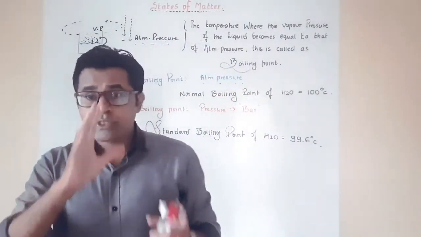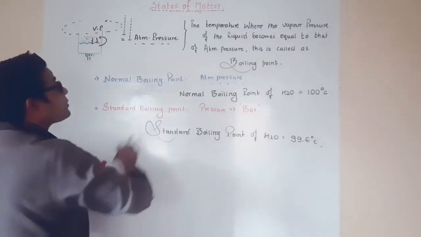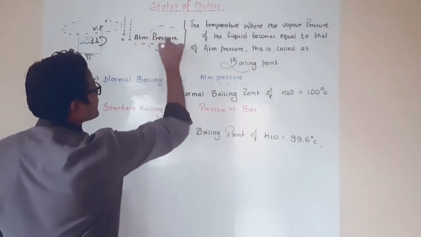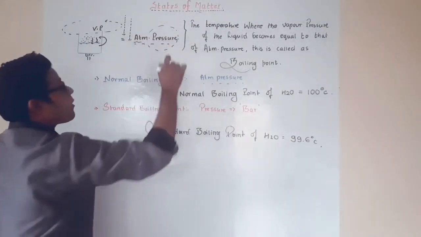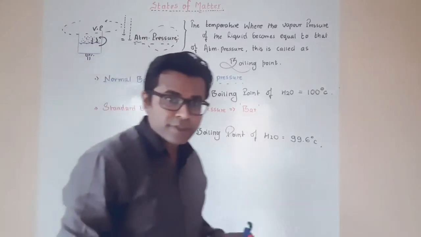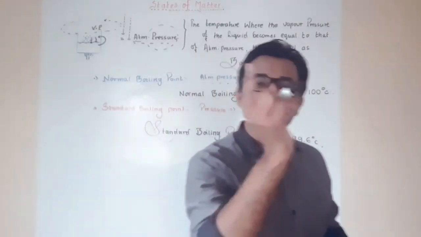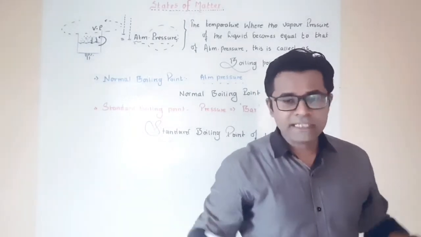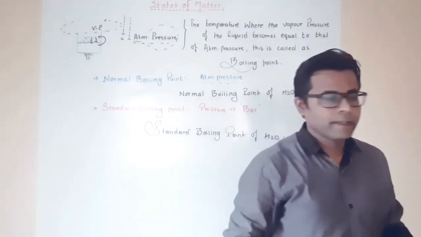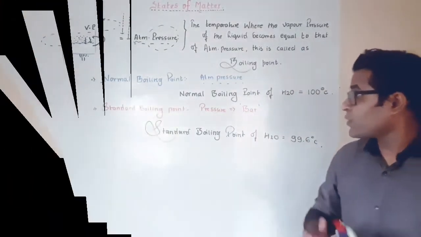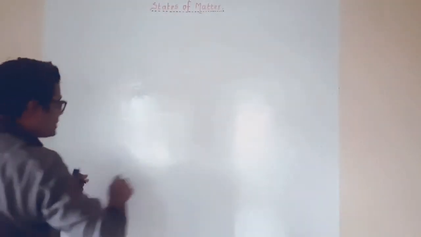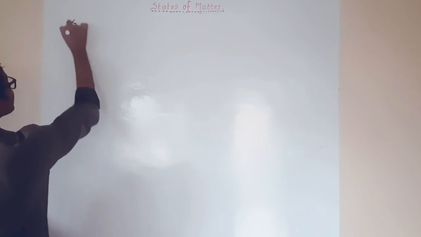It all depends upon the surrounding pressure, and how we calculate it, whether in the form of atmospheric pressure or in the form of bars. That's how it varies. Done. So let's go with the next one. The next thing that we need to study is called surface tension.